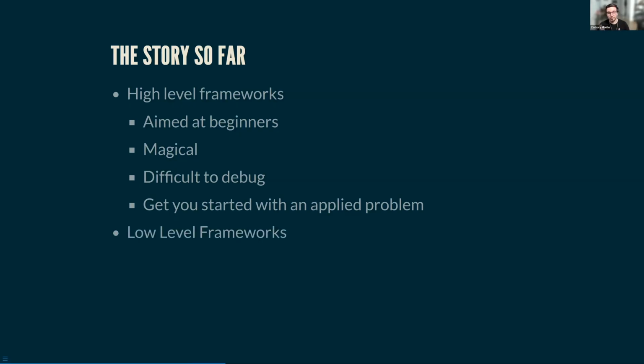From there, we journeyed on to low-level frameworks. These typically are less magical on purpose, right? They're aimed to wrap around the areas that you might need to touch occasionally, but you don't particularly want to. So we don't abstract the training loop. We abstract sharding a data loader so that it sends the data across all the GPUs. But our training loop still works the same. On top of that, these tend to be problem-oriented solutions.